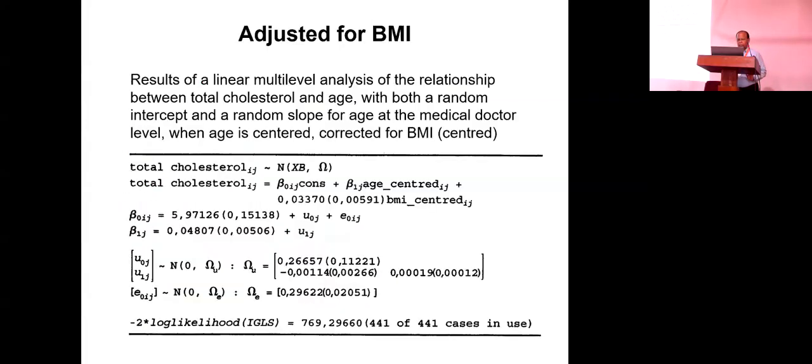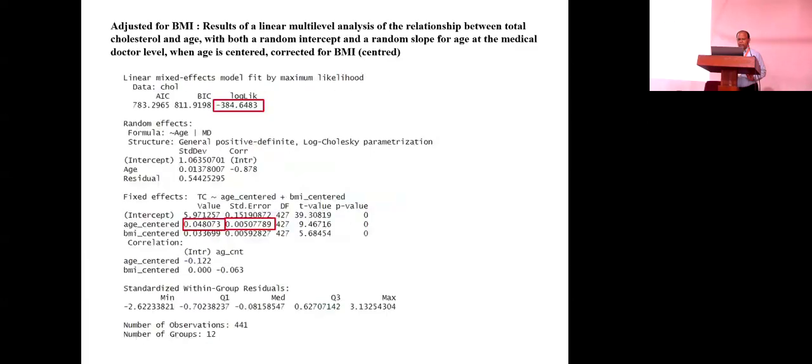Now, what is this one? This is the random intercept and random slope model. And here I have used BMI centered in the model. The covariate BMI has been added. Now let us look at the log likelihood.